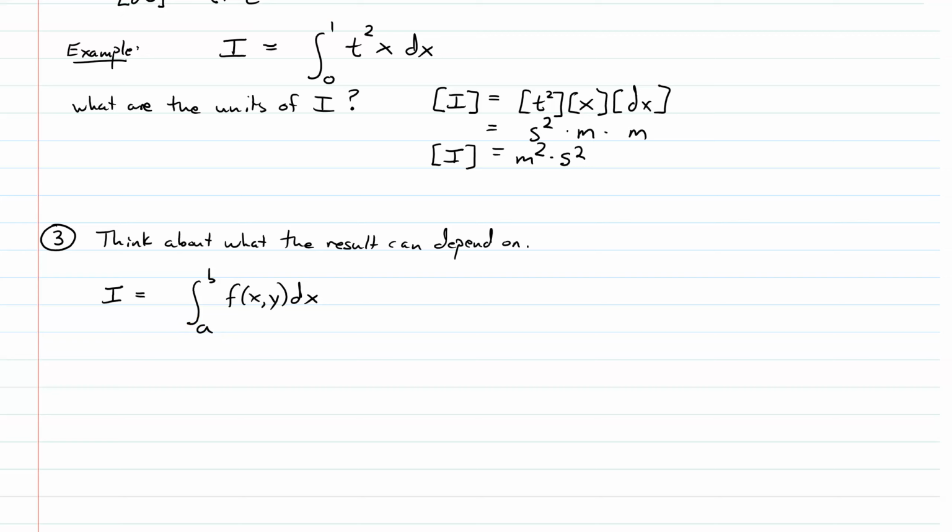Okay, what does this depend on? Like, what will the result depend on? I is going to be a function of what? That's the question. Here's the thing. It will not depend on x. It will depend on b and a and y. But I will not depend on x.